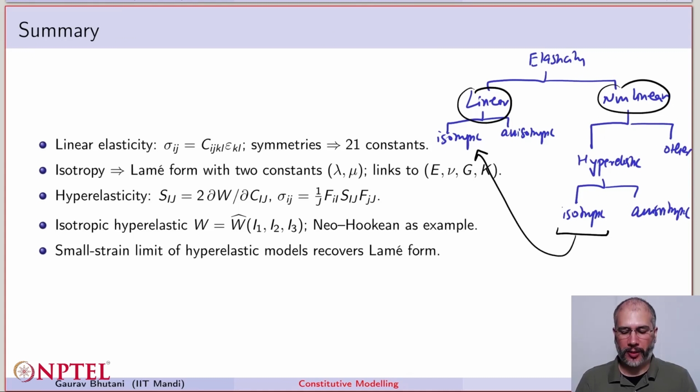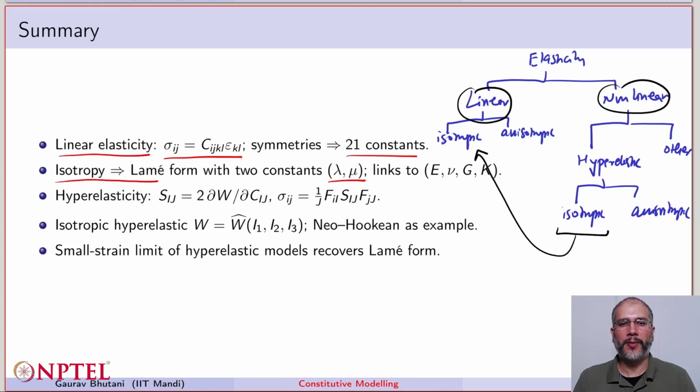So we started today's lecture with linear elasticity, where we said our sigma and epsilon are related through this C_ijkl with 21 unique constants. Then we applied the idea of isotropy to get the two Lamé constants lambda and mu.